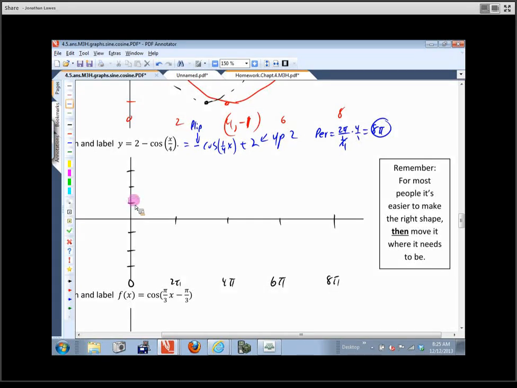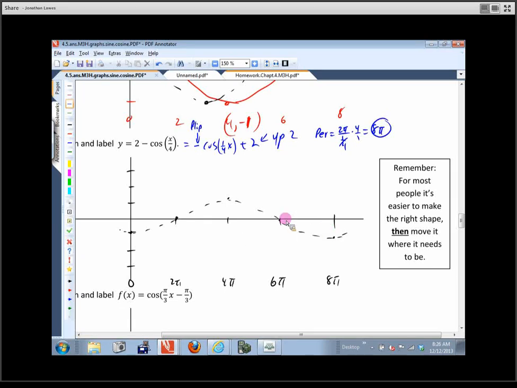Well, let's see. This has been vertically flipped, right? So instead of starting at 1 and going down, I'm going to start at -1 and go up. Okay, now, are those 5 key points easy to find?